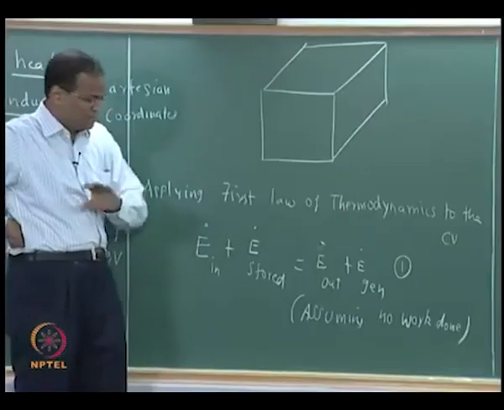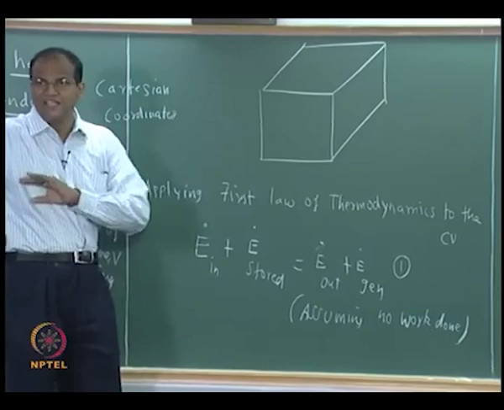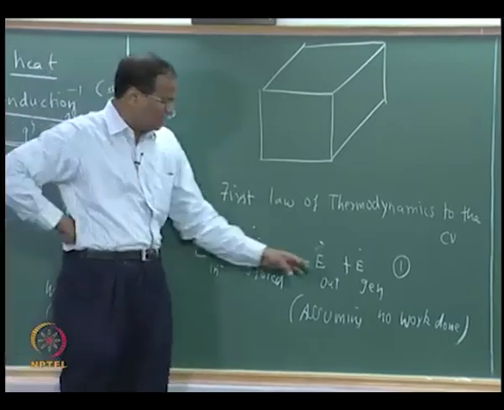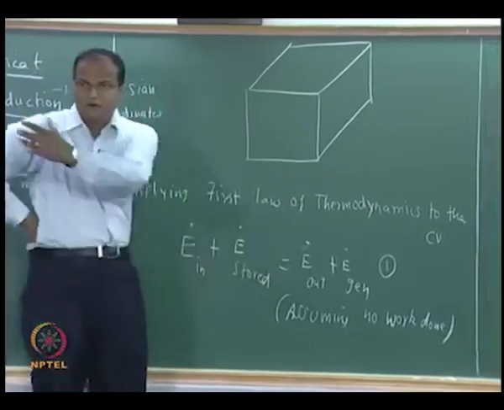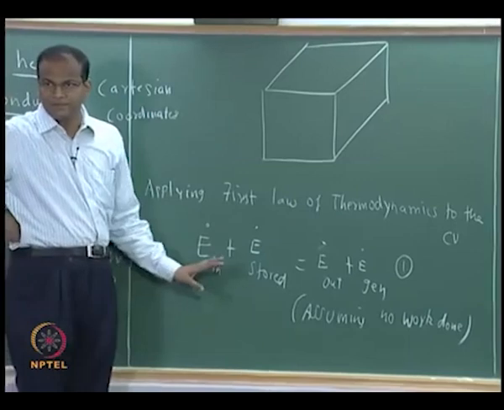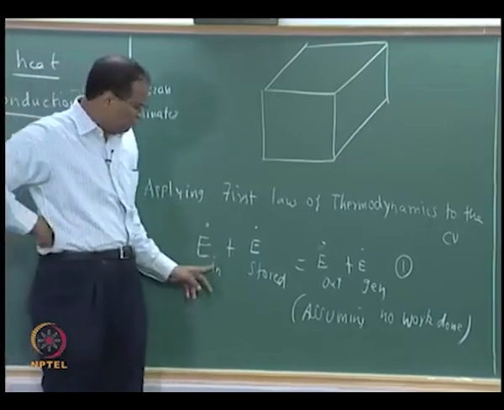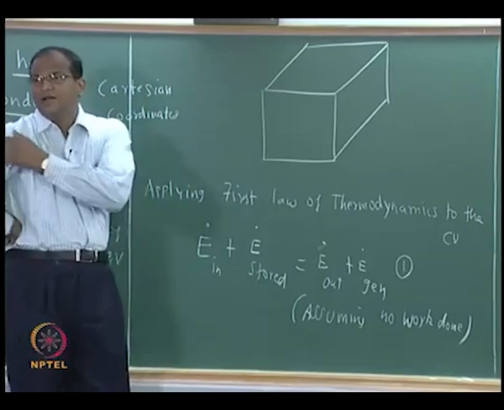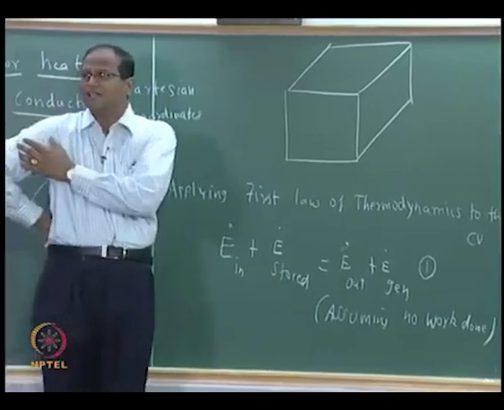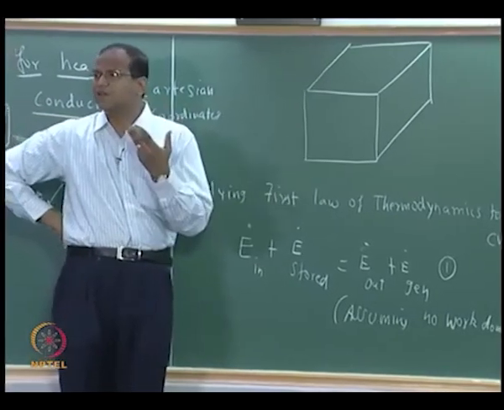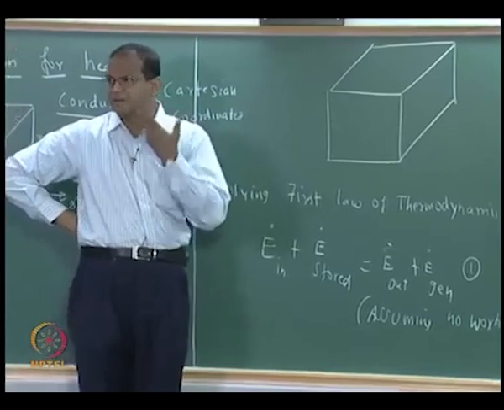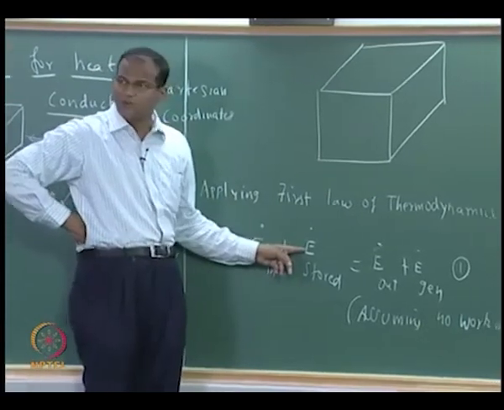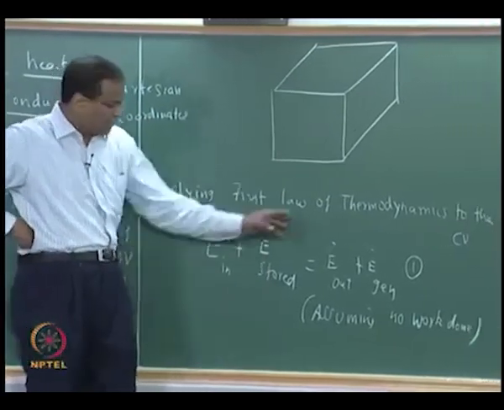If there is no heat generation and steady state prevails, the incoming E dot in must be equal to E dot out, simple, okay. But if E dot in is not equal to E dot out, then the body may be depleted of its internal energy, or there may be an accumulation of internal energy over time, that means the temperature will increase. So there will be an E dot stored, right.